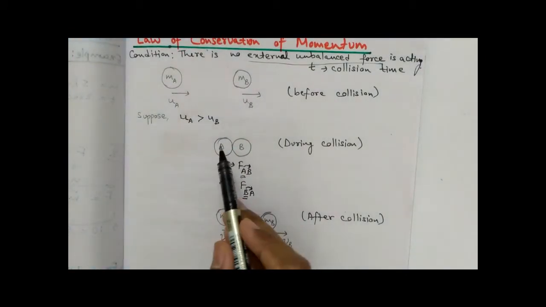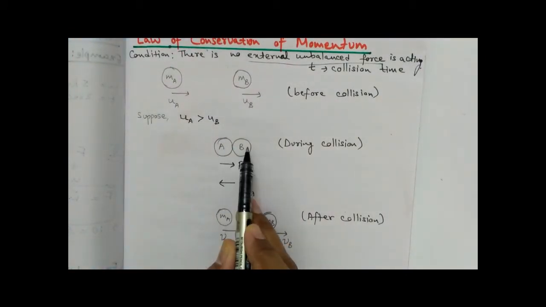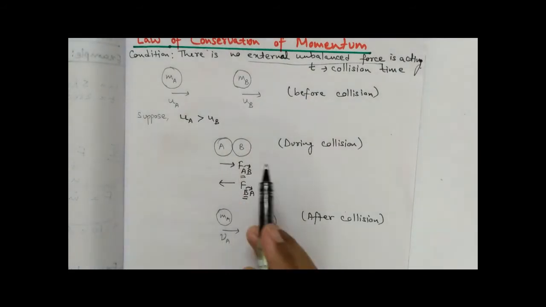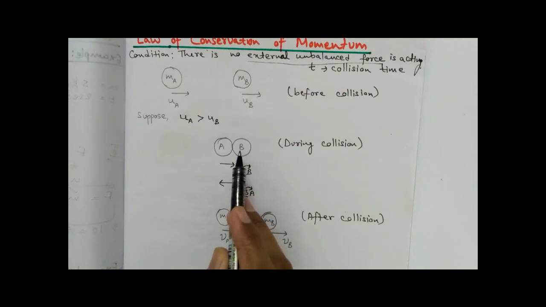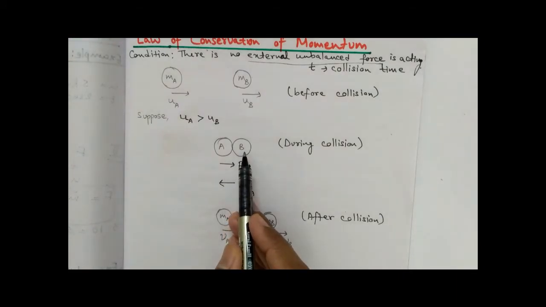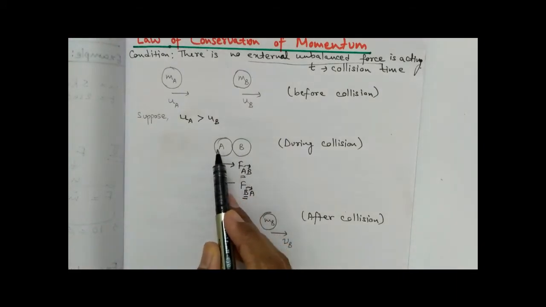Since A has exerted force on B in the collision, B will, according to the third law of motion, to every action there is an equal and opposite reaction, also exert an equal amount of force, but exactly in the opposite direction.